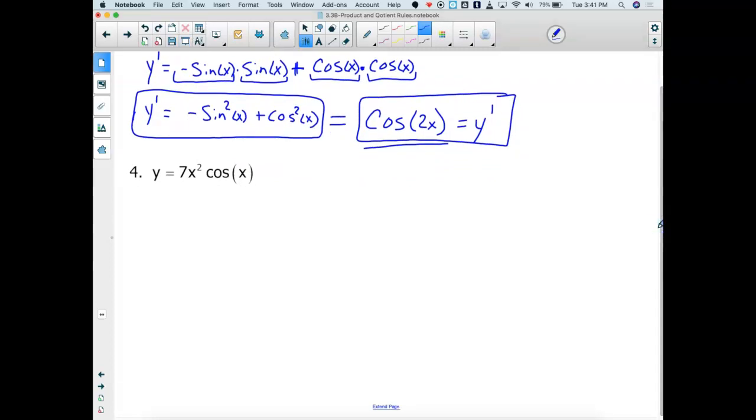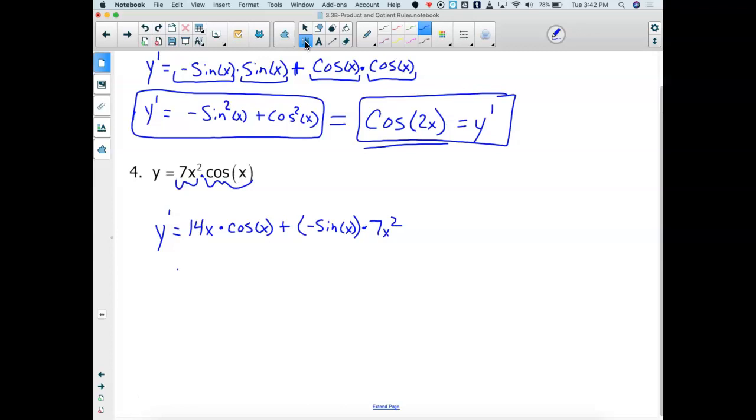If this were me, here's my u function, and I don't even think of them as u and v, okay? That's not the way I operate with it. I think of my first function times my second function. So I would always say my derivative is the derivative of the first function times the second function plus the derivative of the second function times the first function.